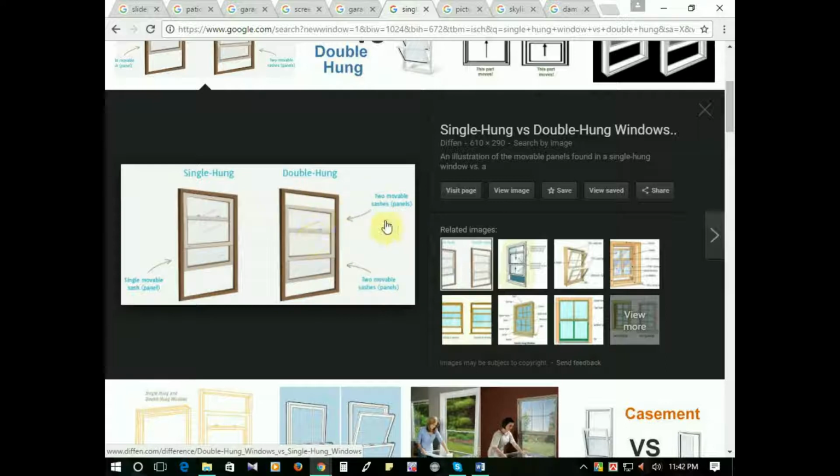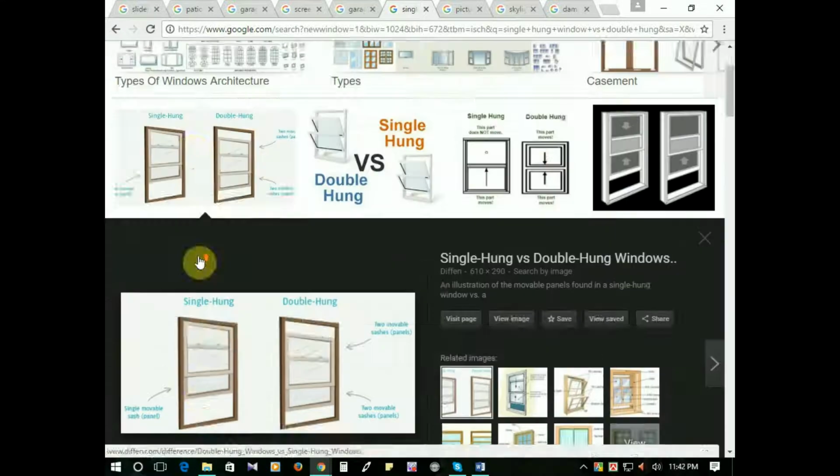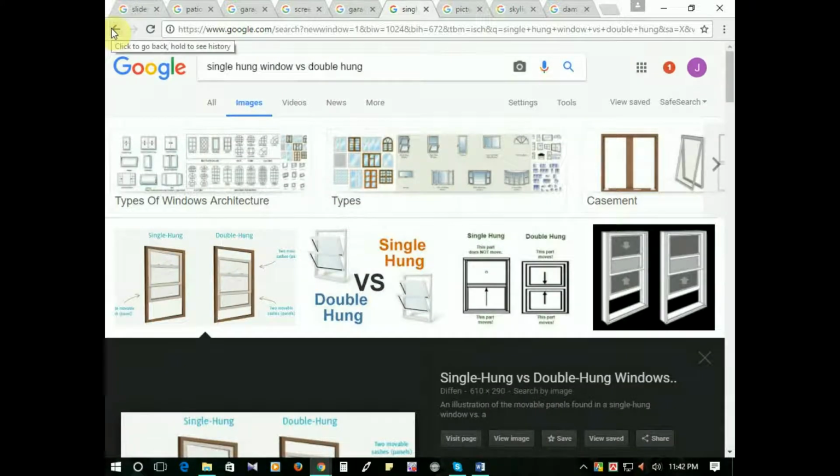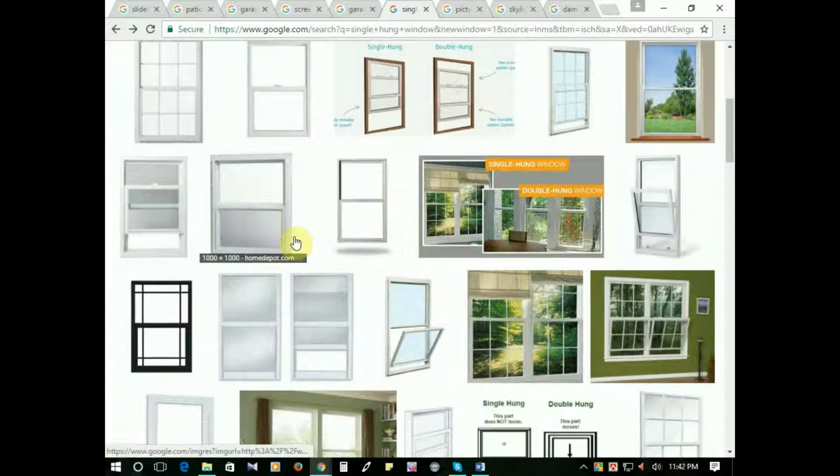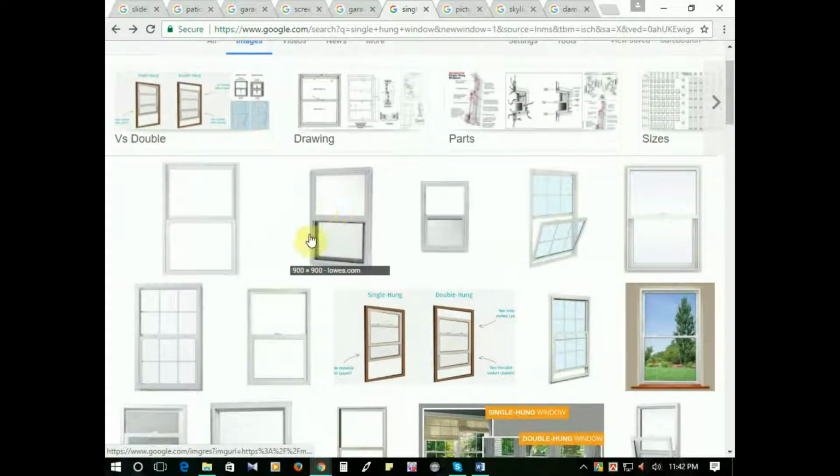Double hung windows basically just have two movable panels, while the single hung window will just have one movable panel. And if we want to see a much more clear picture, this is what single hung or double hung windows are, like this.